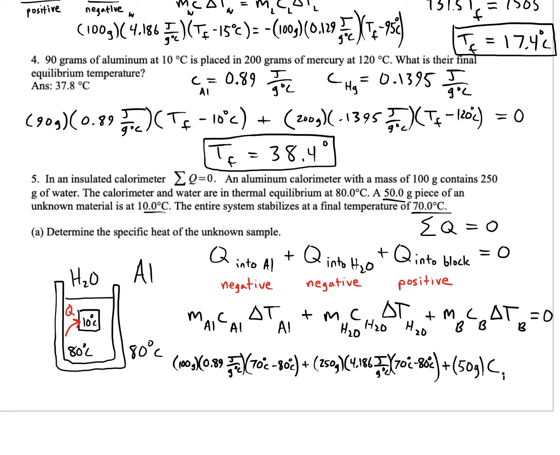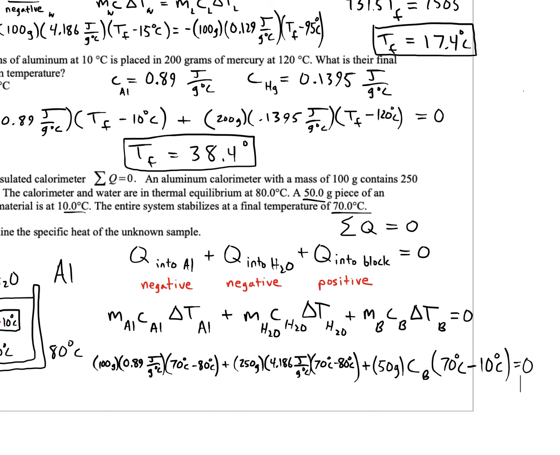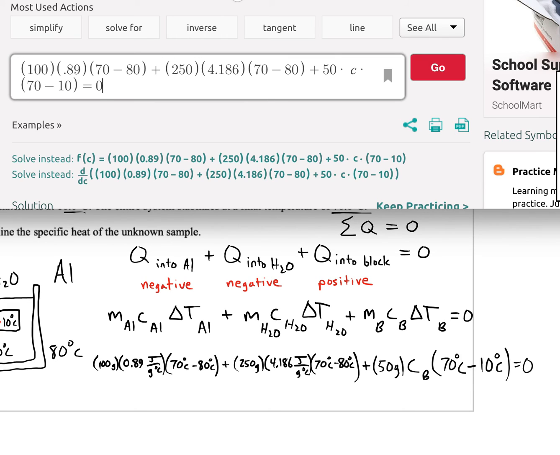We don't know its specific heat, so we're going to solve for that. But it did reach a final temperature that matches with the other objects of 70 degrees. And now we just have to solve this equation for the unknown specific heat C equals 0.